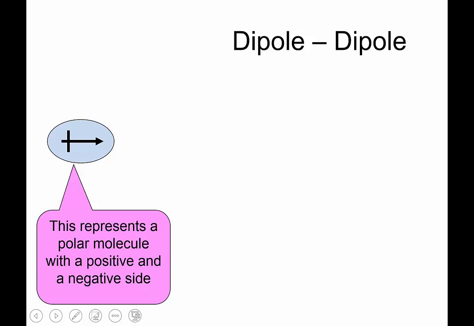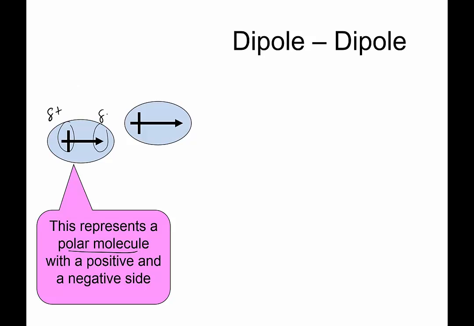So here's a cartoony looking picture of a dipole-dipole interaction. These little cartoon pictures represent a polar molecule with a positive end and a negative end. So this side's positive, this side is negative, and then they form attractive forces here. And you don't have just one or two molecules.